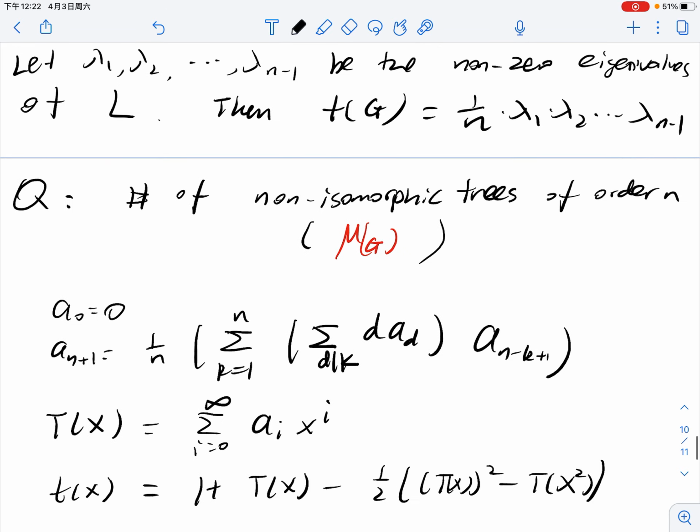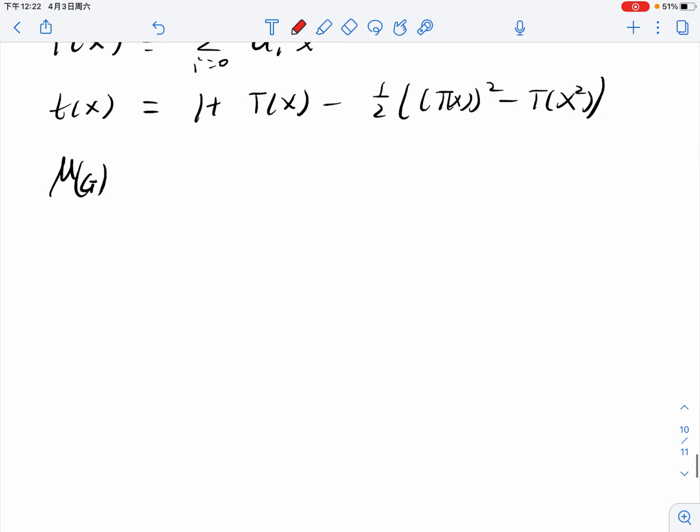Okay, so sorry, here you should have a superscript to denote g, to denote n. This is the coefficient of x^n in t(x).